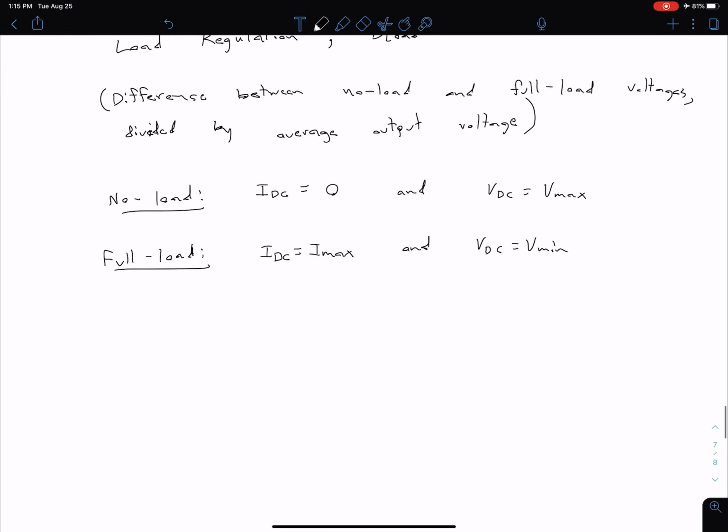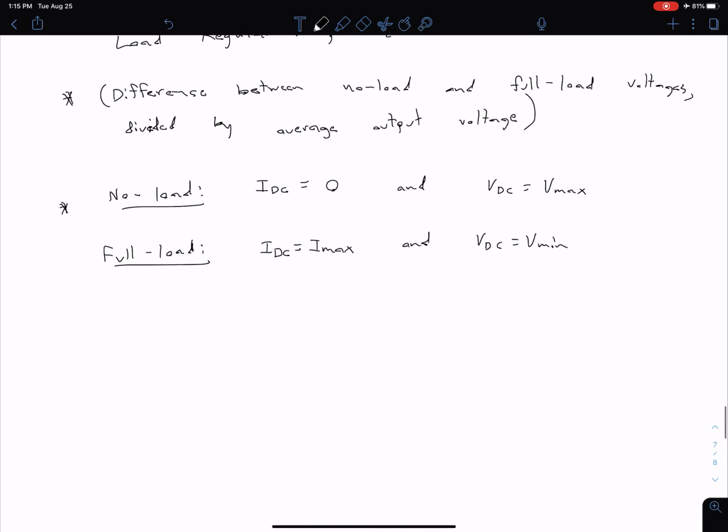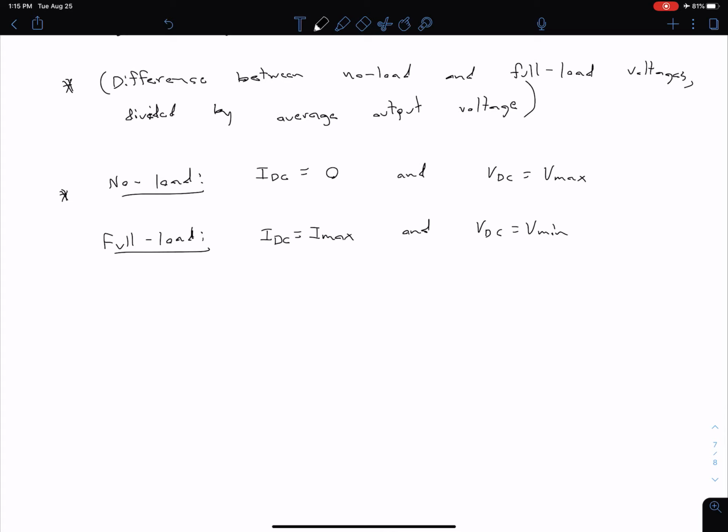Okay, so what our equation looks like, essentially transforming what I had written up here in words and incorporating these values for our current and voltage at these two conditions, we have that our D load is equal to V max minus V min, because this is the difference between our no load and our full load voltages.